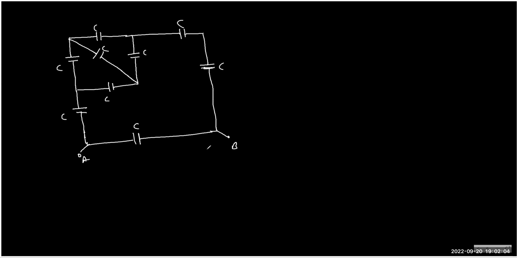Now, do you see the Wheatstone bridge, the balanced one? Okay, tell me, what is the answer for this? What is the C AB? So are you guys able to see the Wheatstone bridge?